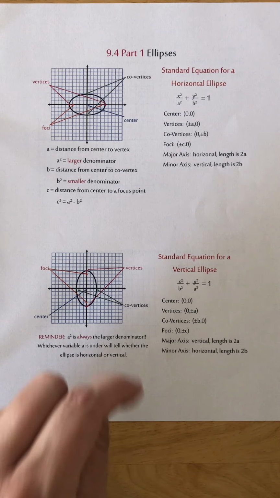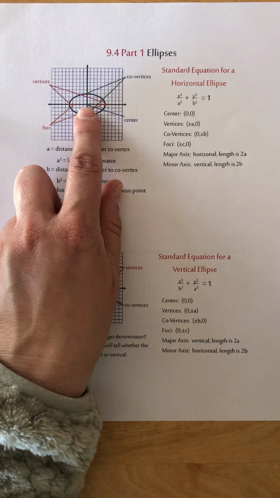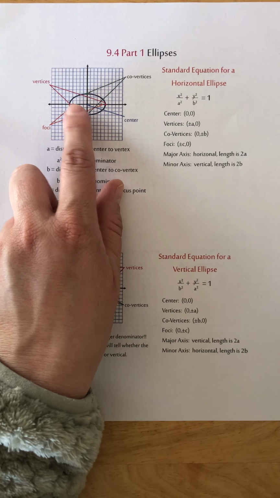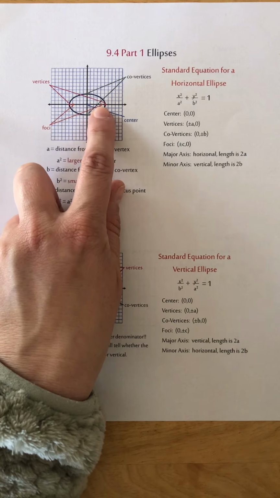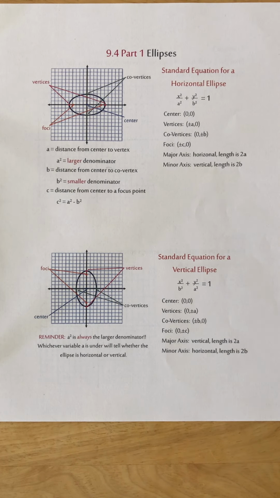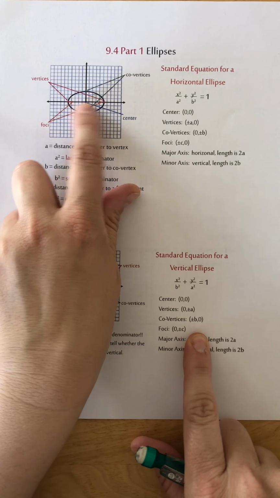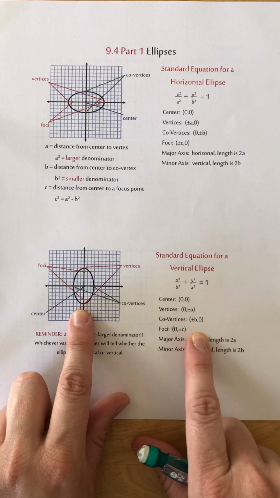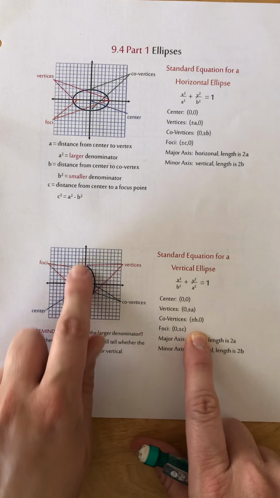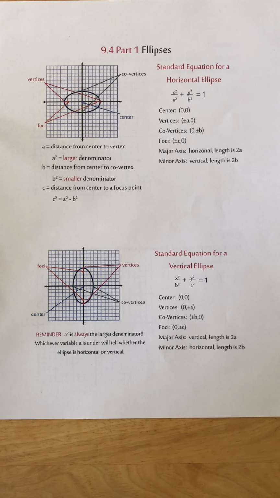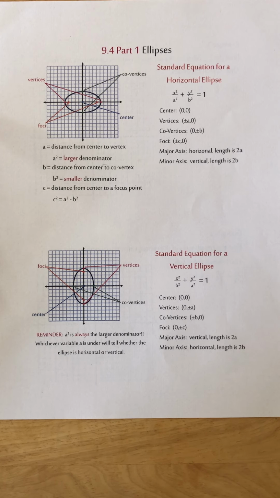So the A is going to represent the distance between the center of the ellipse and the vertices. The vertices are always going to be going whichever way your ellipse is. If it's horizontal, then your vertices are going left to right. If your ellipse is vertical, then your vertices are going up and down. So your vertices are farthest away from the center.